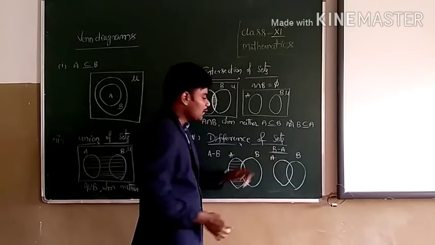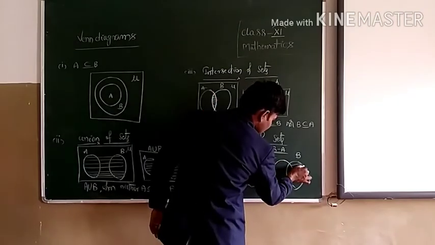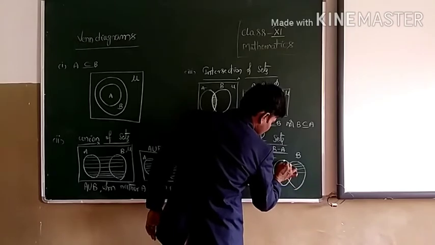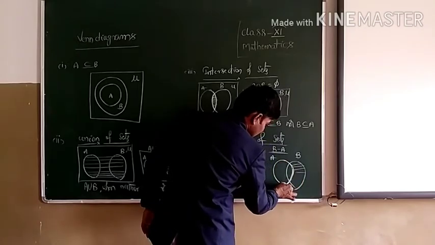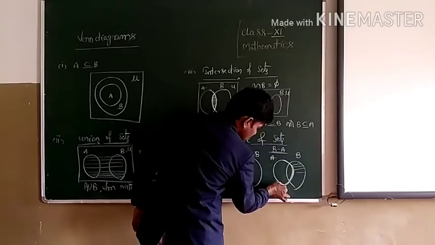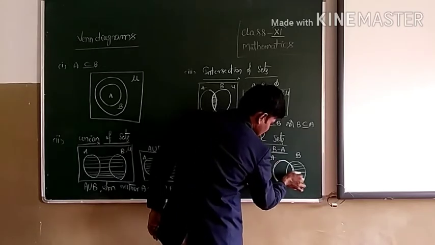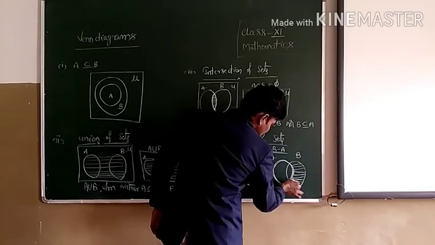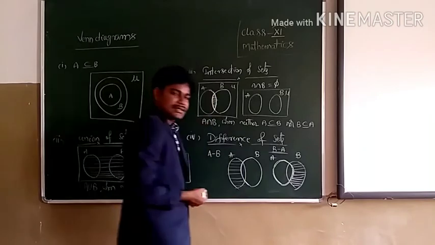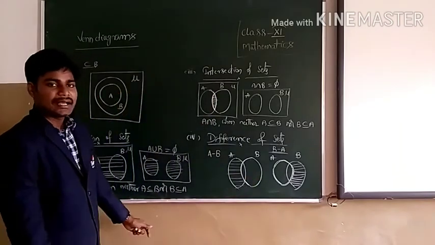Just say the B part and leave the complete A part. This part don't consider. Only the elements which are available in set B have to be considered. This represents the B minus A Venn diagram.